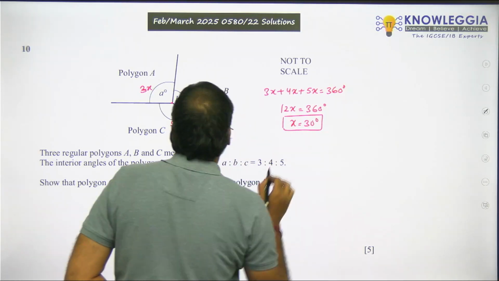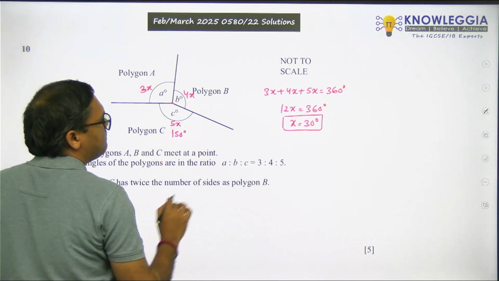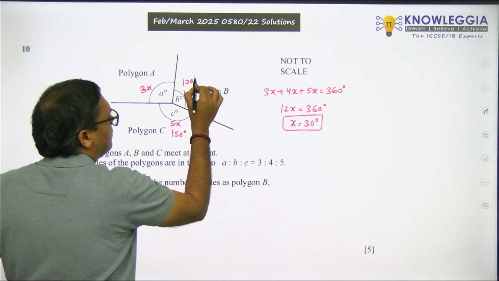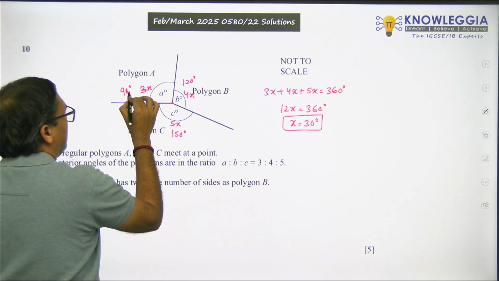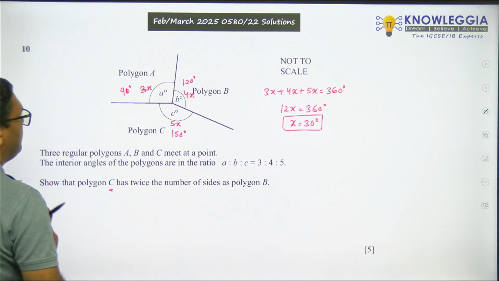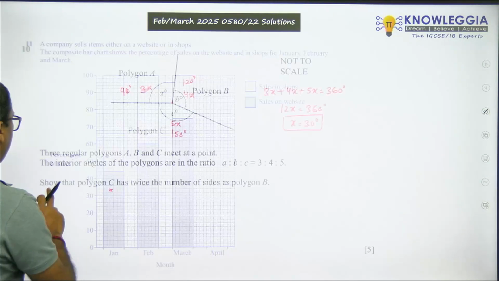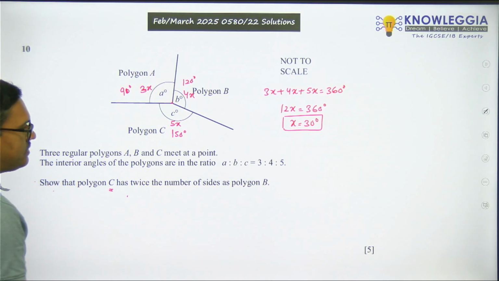So what is the angle? You can see this is 150 degrees. This is 120 degrees. And this is 90 degrees. So I have got the angles of polygon A, polygon B, and polygon C. Okay.